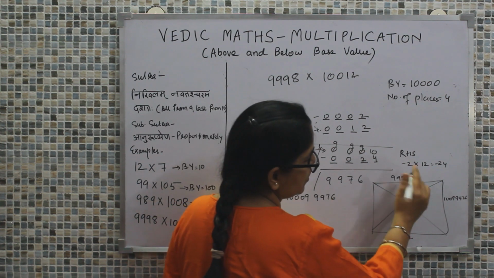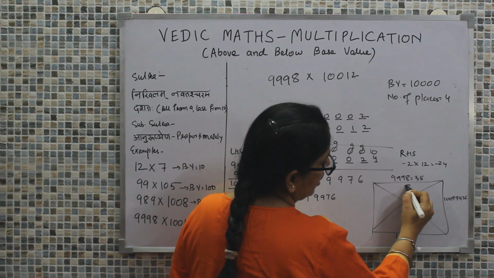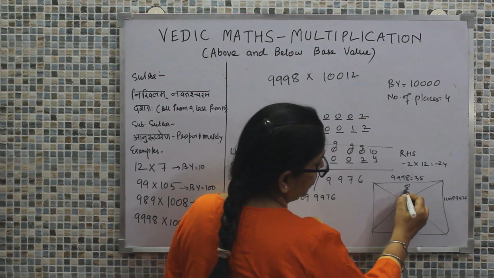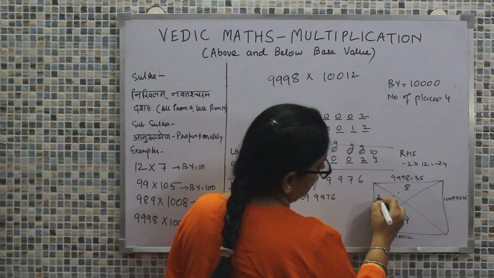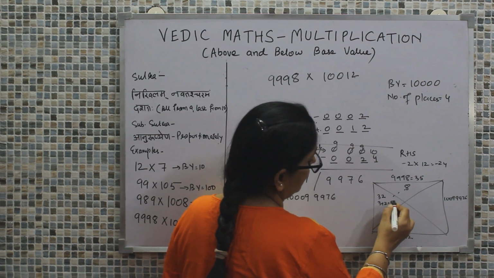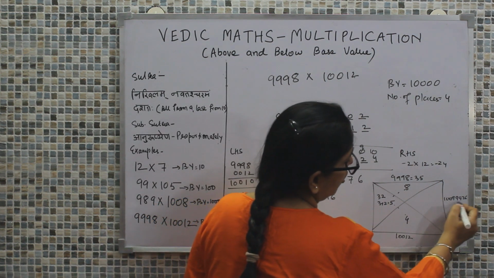9 4s are 36, 1 deficient 35. 3 plus 5 is 8. 2 plus 1 is 3, 3 plus 1 is 4. 8 4s are 32. 32 means 3 plus 2, that is 5. Right. Now let's compute the digital sum of the answer.